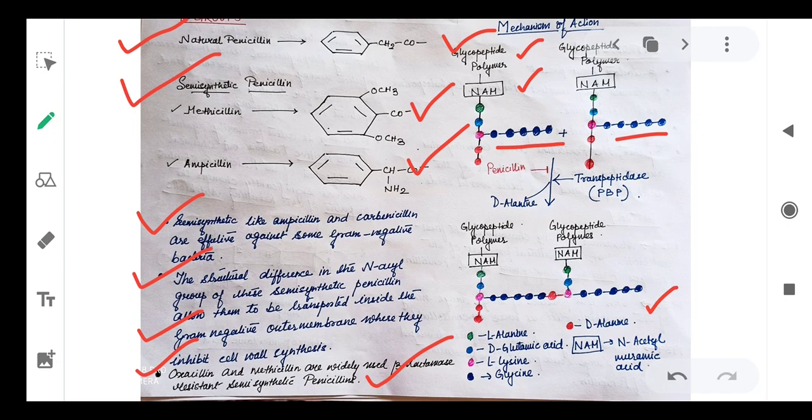Now comes the use of the enzyme transpeptidase, which is also called penicillin binding protein.